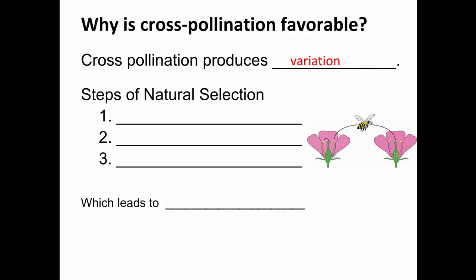You need differences in order for natural selection to work. You remember, natural selection starts with variation. And there's a struggle for survival. And eventually the reproduction of the successful organisms. And that leads to adaptations developing.